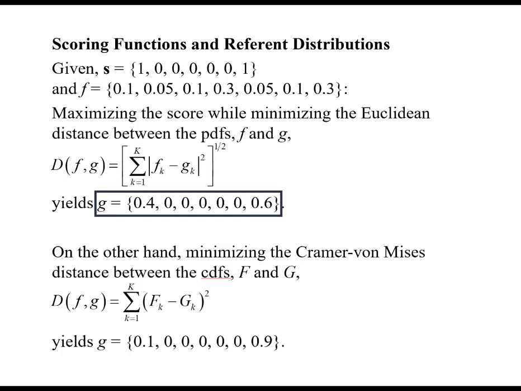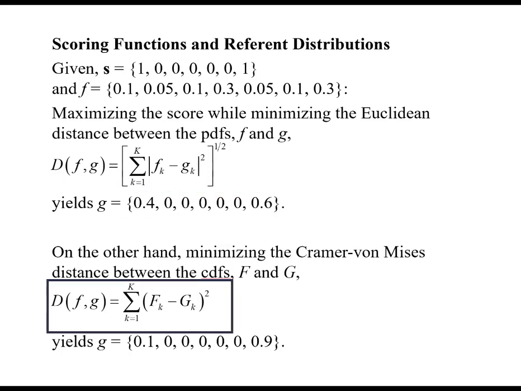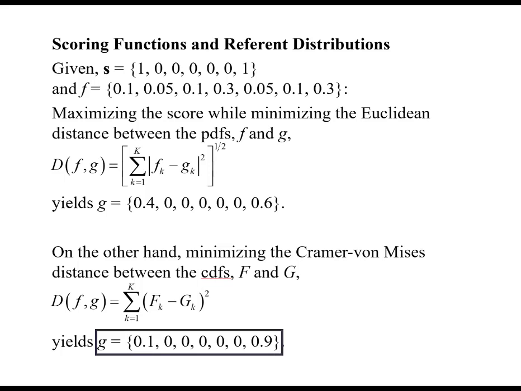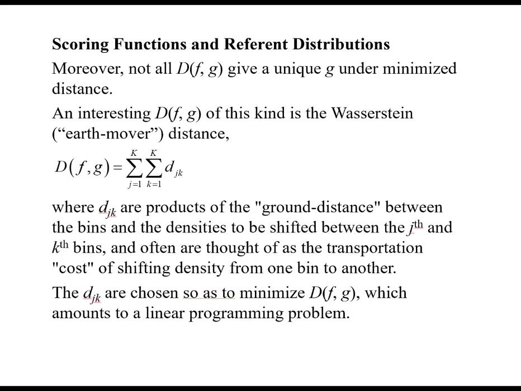But if we use a different distance function, like the Cramér-von Mises one, that's the Euclidean distance between the CDFs, uppercase F and uppercase G, then that gives us a different referent G that has 0.1 down at the bottom and 0.9 up at the top. So that tells us we need to think about how to choose the distance functions that we're going to use.